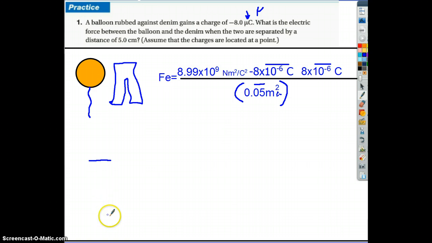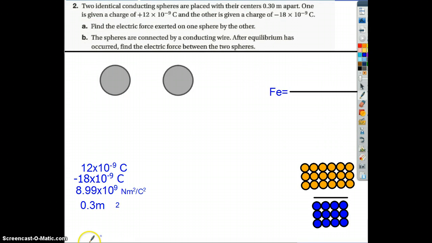Alright, moving on to number 2 then. Page 2 here. Let's take a look at this one. We have a situation where we have 2 identical conducting spheres. Perhaps they are steel. Two identical conducting spheres are placed where their centers are 0.03 meters apart.